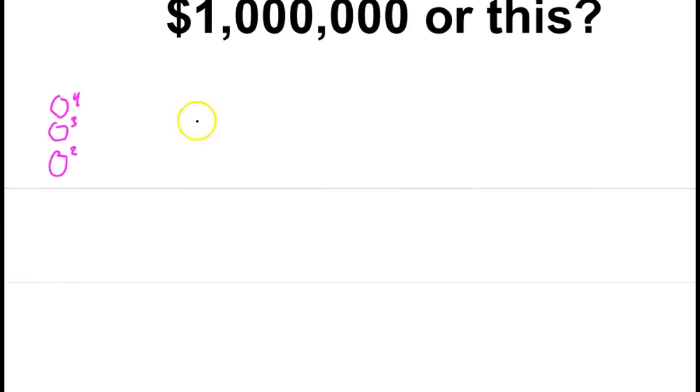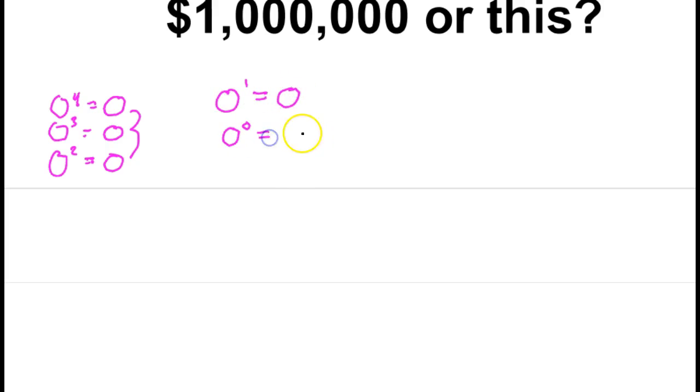What would 0 to the 1 power be? What would 0 to the 0 power be? So 0 to the 4th would be 0 times 0 times 0 times 0. 0 to the 3rd would be 0 times 0 times 0. 0 to the 2nd would be 0 times 0. Well, what happens if you continue this pattern? What do you get? Yeah, 0 to the 1 should be 0, and 0 to the 0 should be 0, if we go by pattern.